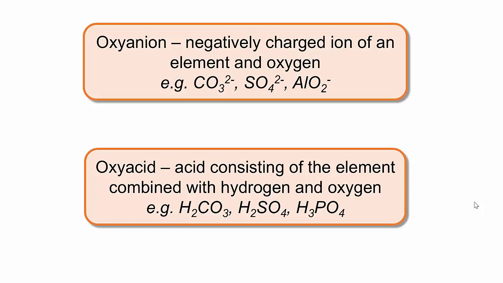The oxyacid equivalent, that 2- is balanced out with 2 hydrogens to form carbonic acid. Whereas the sulfate ion becomes sulfuric acid, and we've also got aluminate at the top. But it follows a similar pattern. So an acidic oxide reacting with hydroxide ions will produce an oxyanion. Acidic oxide reacting with water produces the oxyacid.